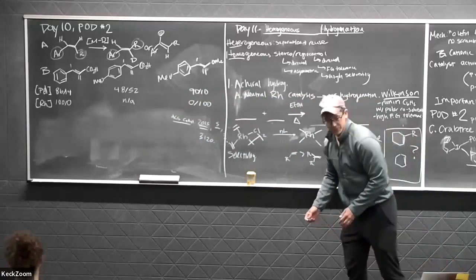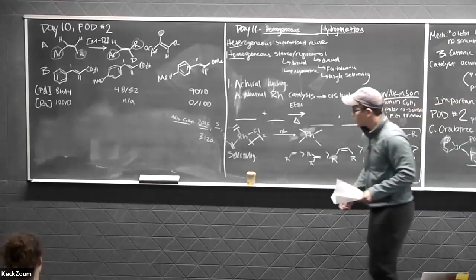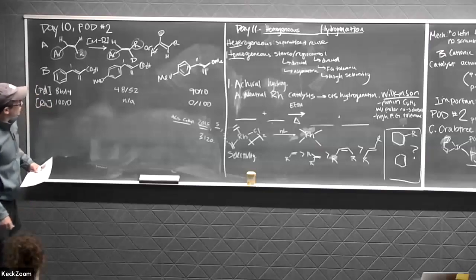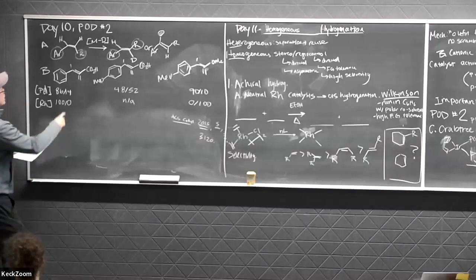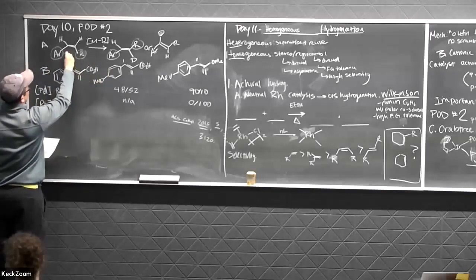Holiday number 2 is our segue to hydrogenation. This is asking us to think about a process that's closely related to hydrogenation, and one that we'll hear about today is isomerization. So first, we're considering this generic reaction where we're taking a beta substituted styrene.